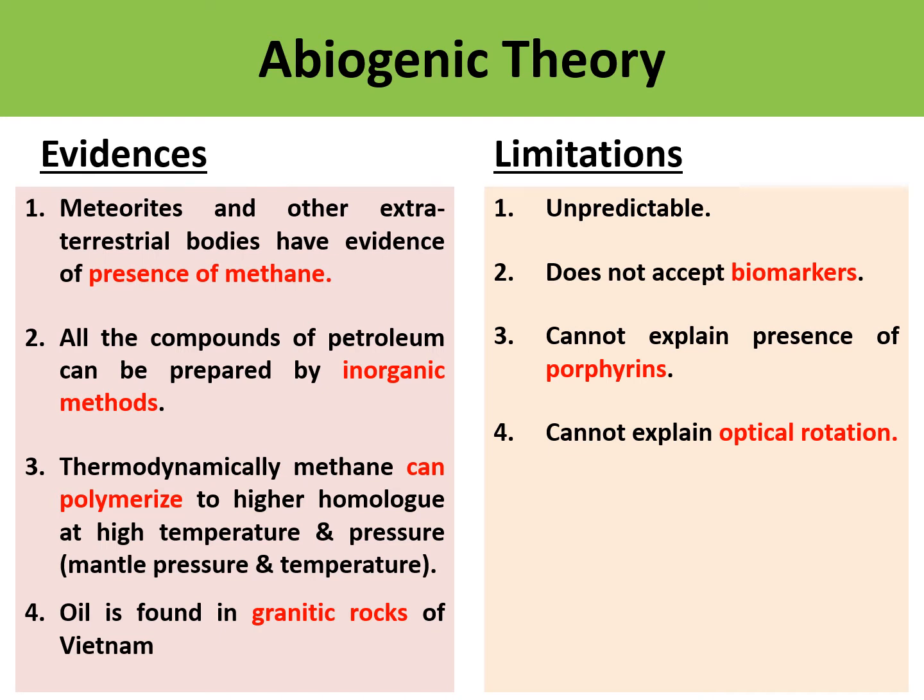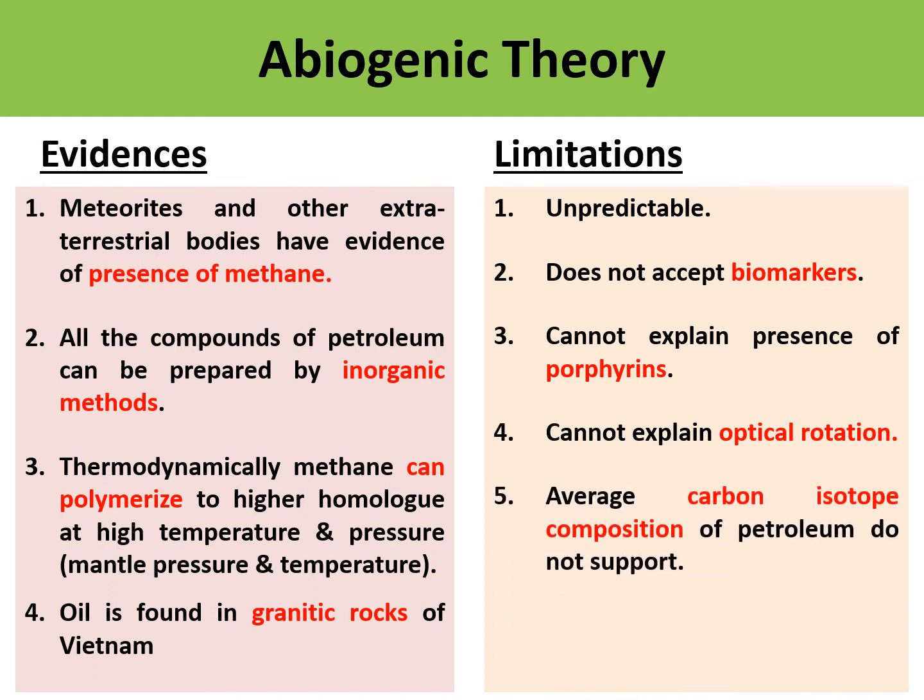Next, this theory cannot explain the optical rotation derived from hydrocarbon products. This optical rotation occurs within the bonds of hydrocarbon compounds when you examine the oil using an oil immersion objective to determine maturity. Because of this, scientists decline to accept these theories.